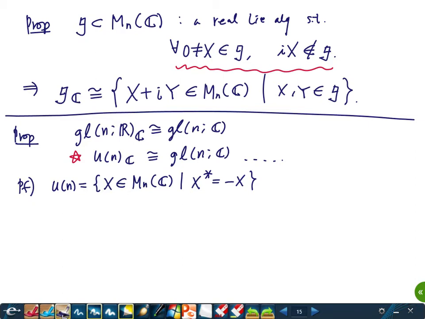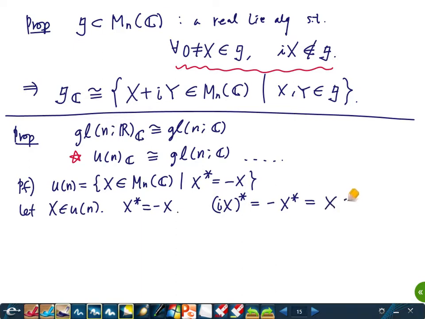So suppose that X is in small u(n), i.e., then X star is going to be minus X. Let's see what happens if you consider iX. So if you have i, we have minus of this, and because of this, iX star is not equal to minus iX.